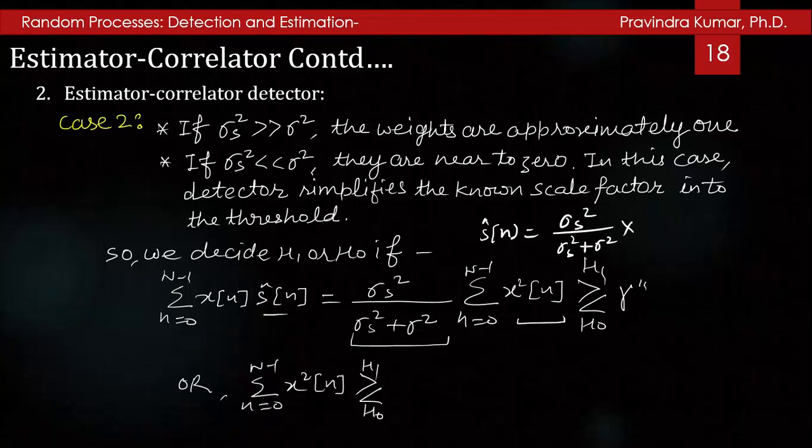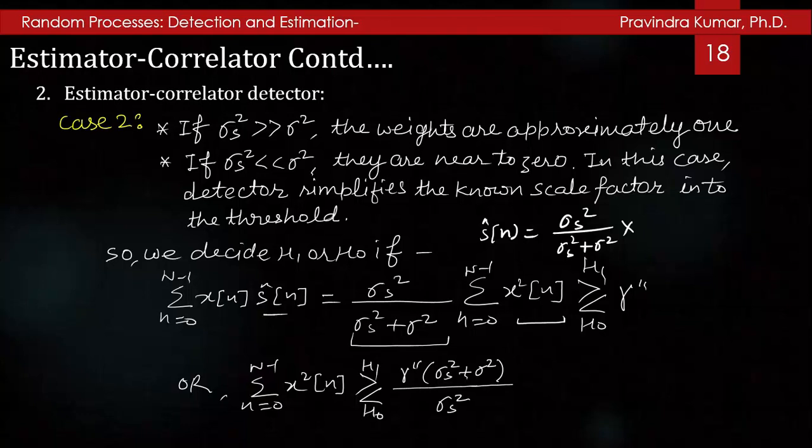So you can write it as the summation n from 0 to n minus 1 of x square n greater than or less than gamma double dash into (sigma S square plus sigma square) by sigma S square. The estimator-correlator can be generalized when the observation noise omega n is Gaussian but not white.